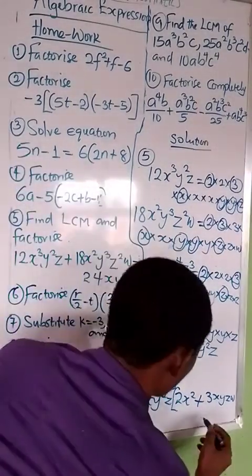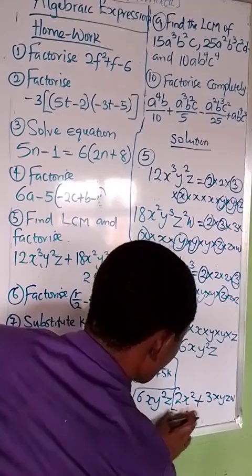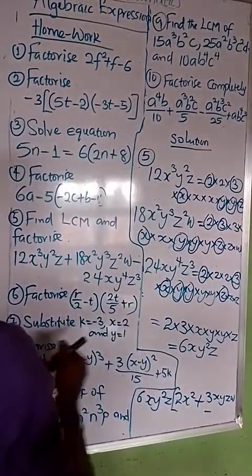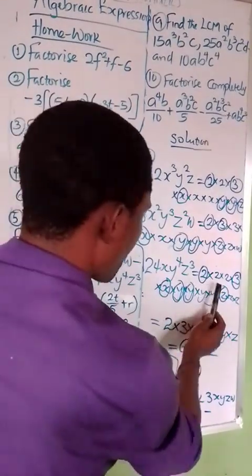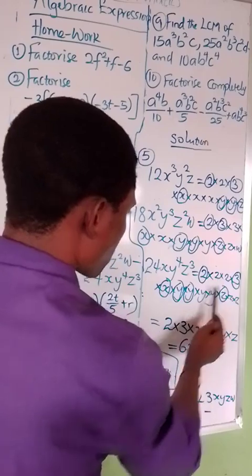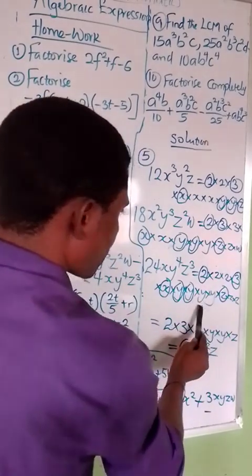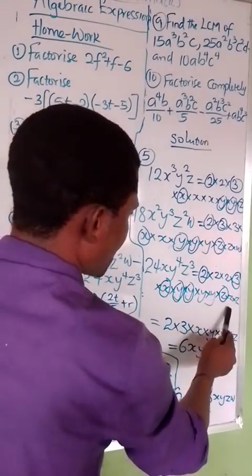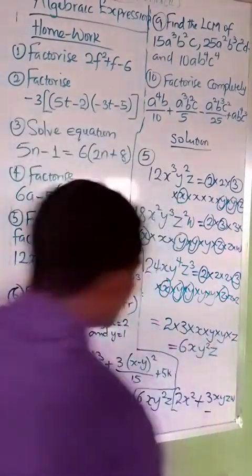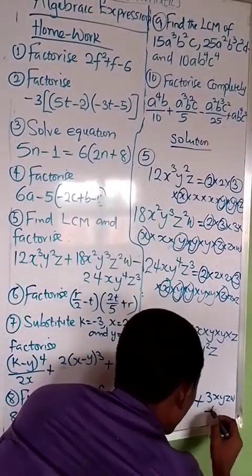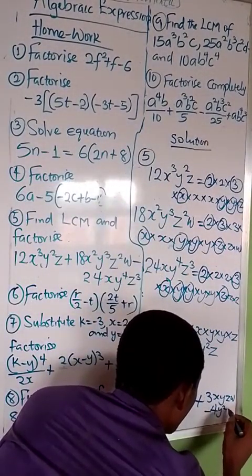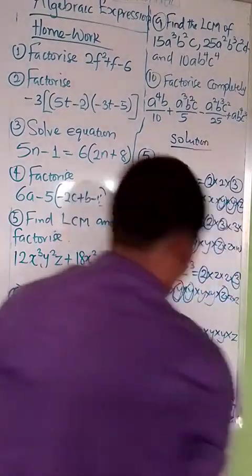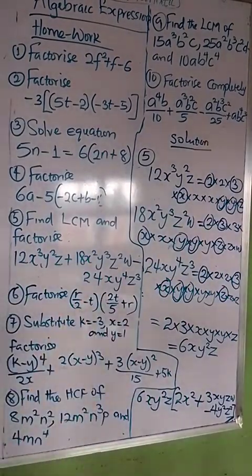Then minus, sorry, there's no more space here. What is also left here? We have 2 times 2, 4, times y, 4y, times y, 4y squared, times z, 4y squared z. That's the final answer. Very simple. Thank you.